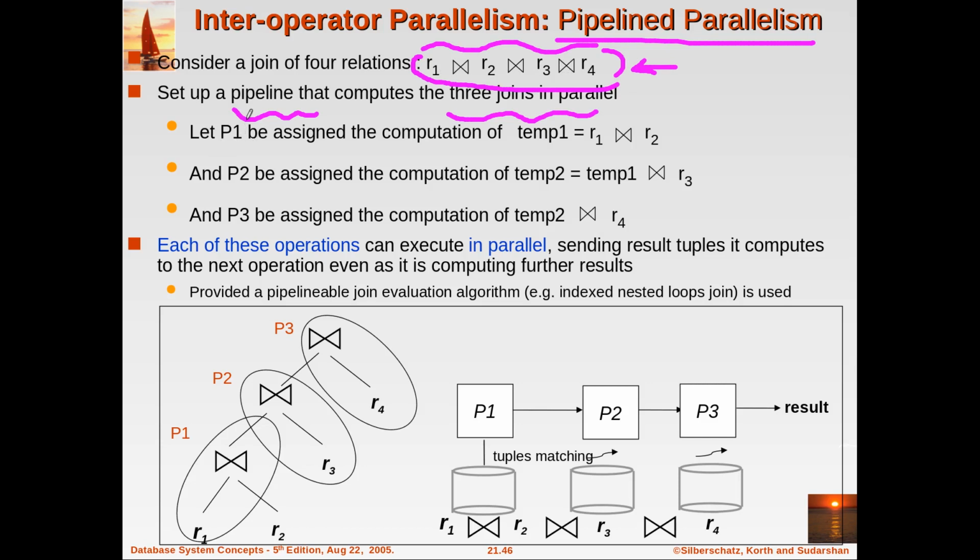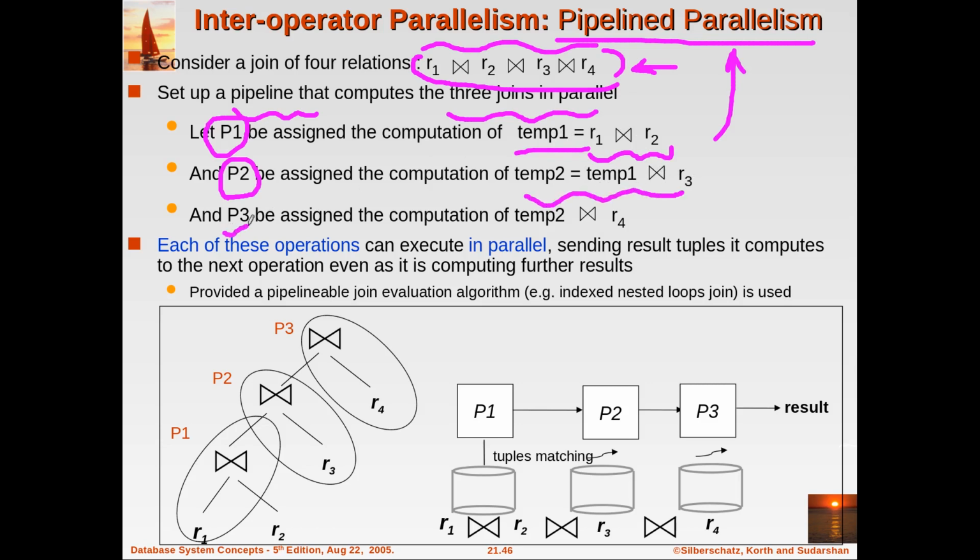Let one processor P1 be assigned the operation R1 join R2. So temp1 is equal to R1 join R2, performed in processor P1. Now the second processor P2 will be assigned the computation of temp1, the result of this join, joined with R3, giving temp2.